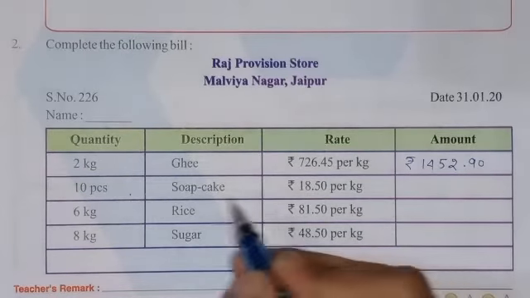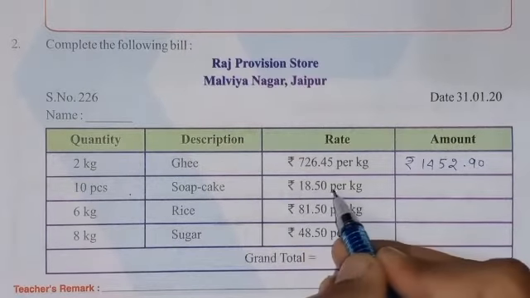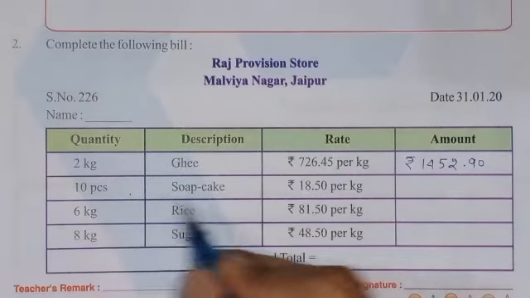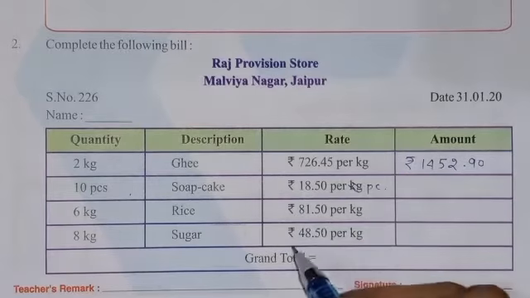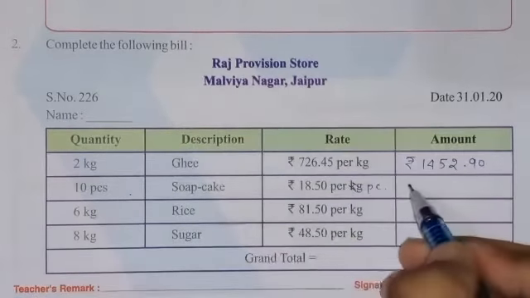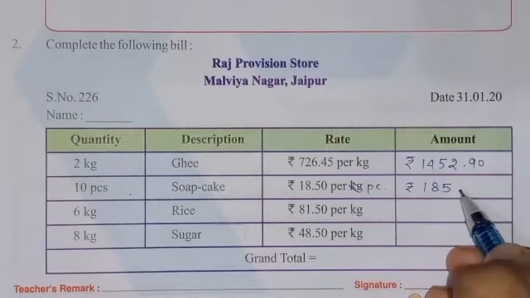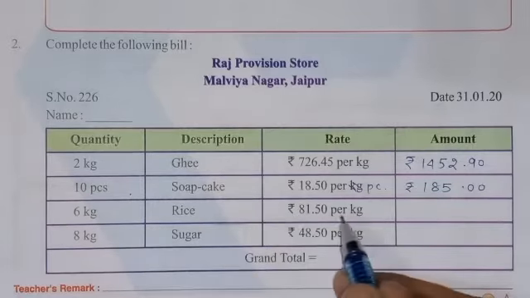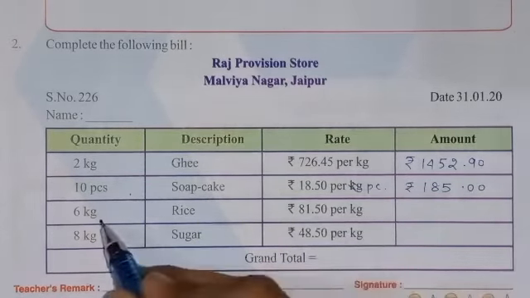1452.90. Similarly, soft cake rate is rupees 18.50, and we have purchased 10 pieces. This is not per kilogram, this is per piece. Okay students, on multiplying these two numbers you will get rupees 185.00. Next thing, rice, the rate is rupees 81.50 per kilogram and we are going to purchase 6 kilogram.